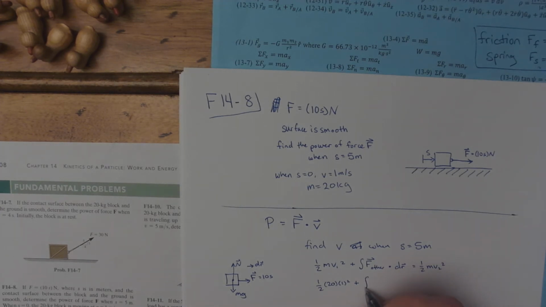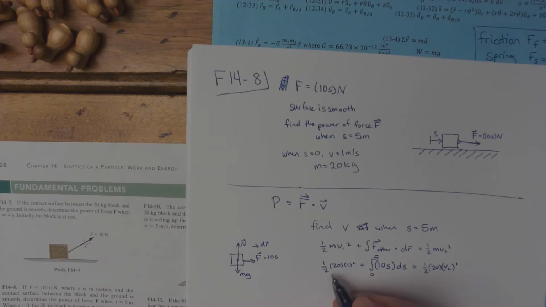So I have the integral of 10s, and recall that the magnitude of the vector dr is ds, so this is 10s ds. I'm starting at 0 and going to 5, and that is equal to 1/2 times the mass, which is 20, times v2 squared, where v2 will be the velocity when s is equal to 5 meters, which is what I am looking for.